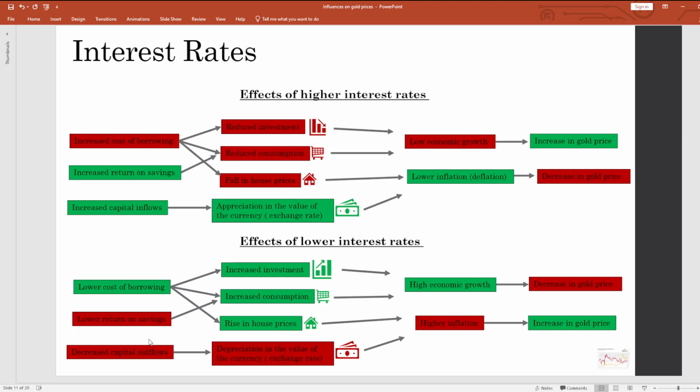So that means there's more outflow of capital from the economy. That means the currency of that economy is going to be exchanged into another one, and that's going to depreciate the value of the currency, which again is going to contribute to higher inflation.